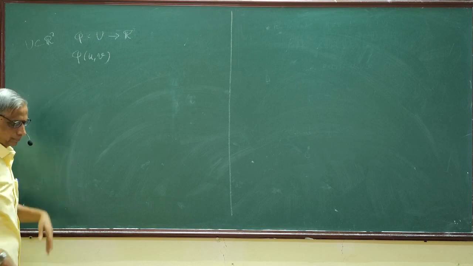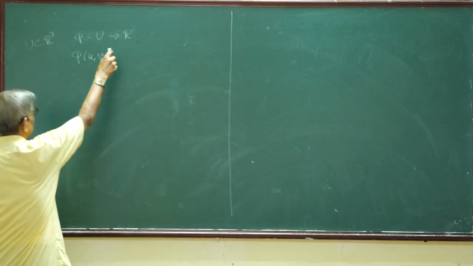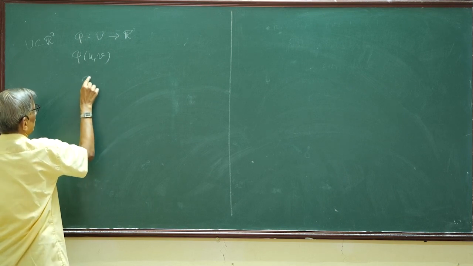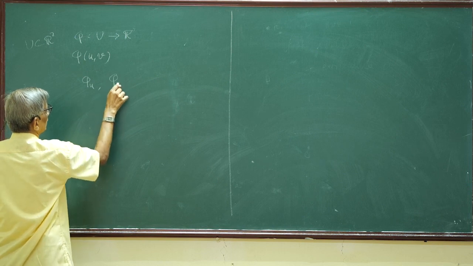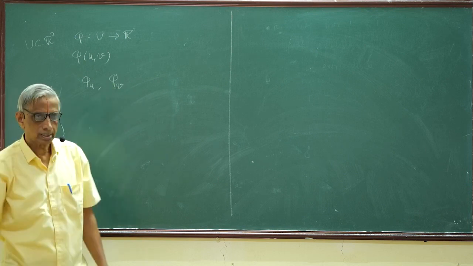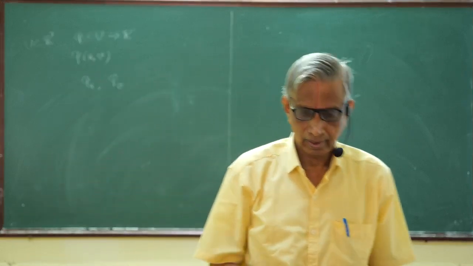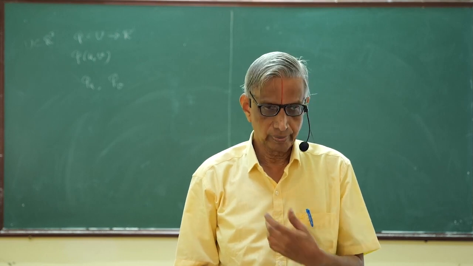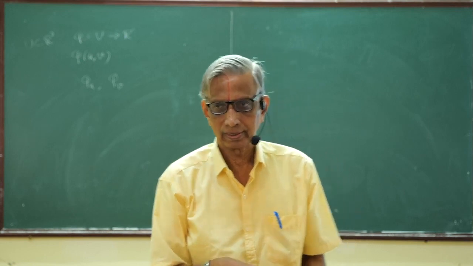So this is the function which gives you the parameters on the surface there. So if you look at the partial derivatives of the function phi at any point, these form a basis for the tangent space at that point, right?